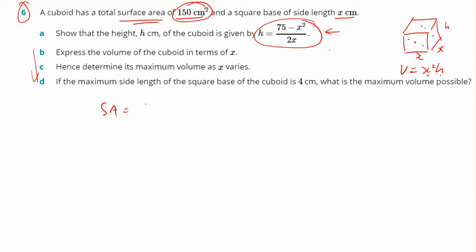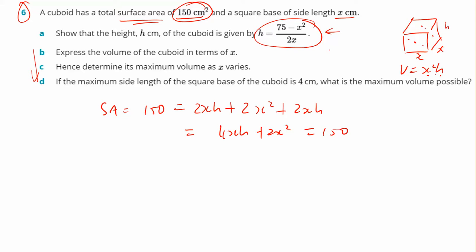So the total surface area, which we know is 150, equals 2 lots of x squared plus 4 lots of xh. So this should give 4xh plus 2x squared equals 150. This should be your equation.